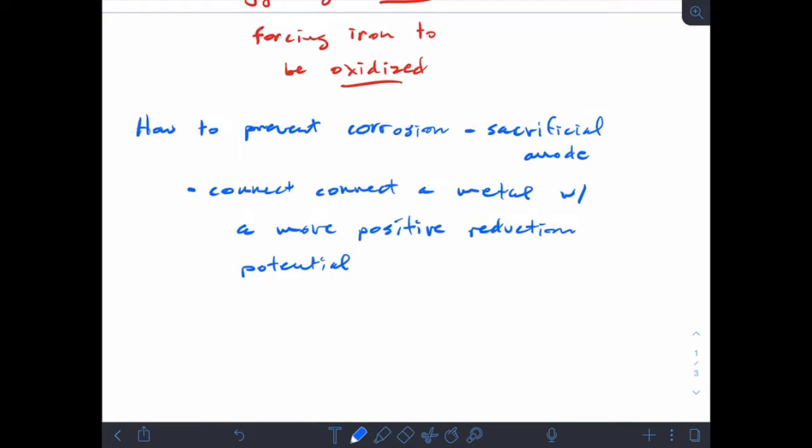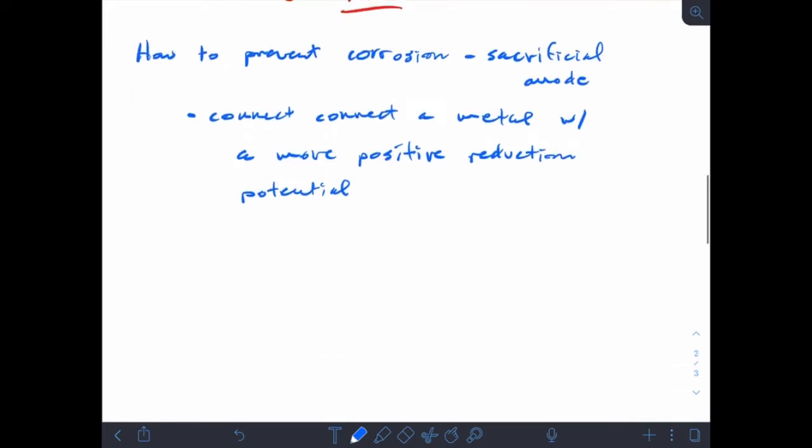So the metal will be physically connected to the iron via either just plated right on there, bolted right to the surface of the iron, or connected by a wire so that electrons can travel.